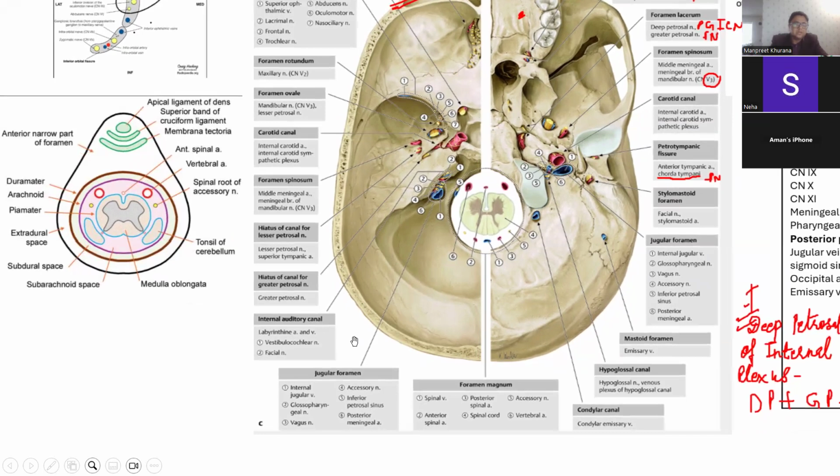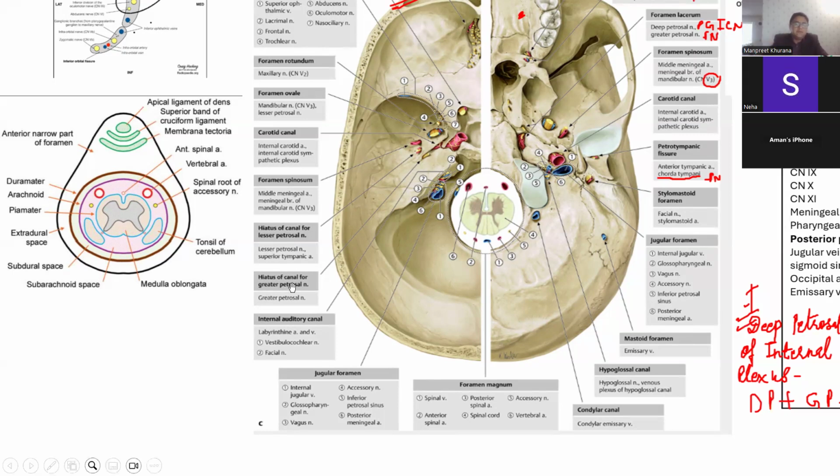Then we have the hiatus of the canal for greater petrosal nerve, right? Who will tell me, what is greater petrosal nerve? Whose branch? Branch of facial nerve.